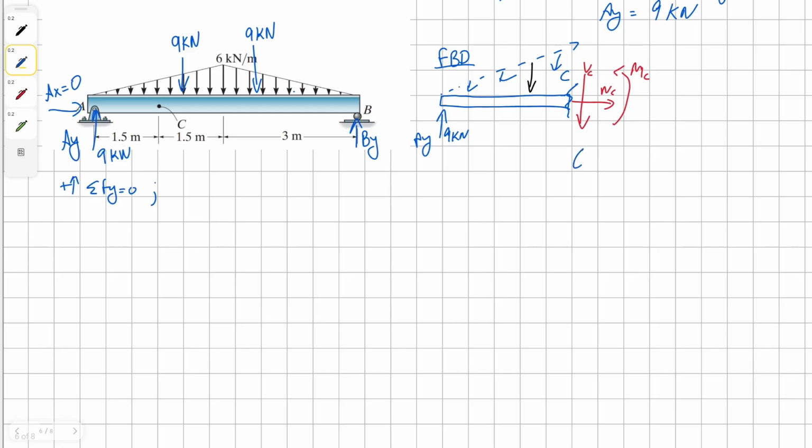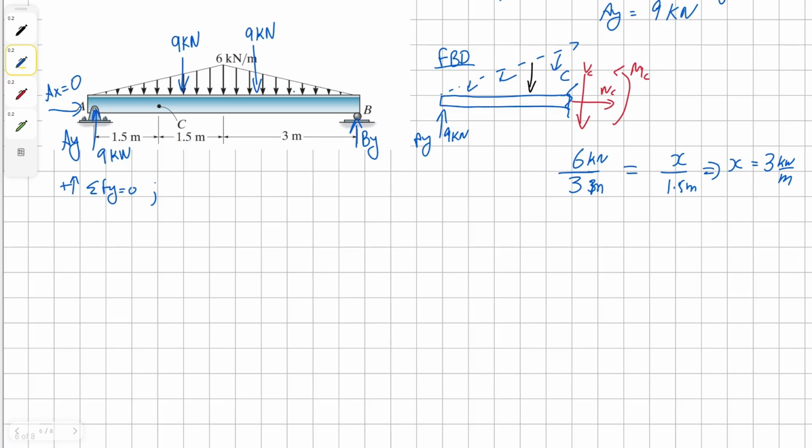So we have 6 kilonewton, 3 meters equals Rx, which is our proportionality for our force or the uniform distributed load, divided by the distance to this point C, which is 1.5 meters. And solving for x, we get our value as 3 kilonewton per meter.